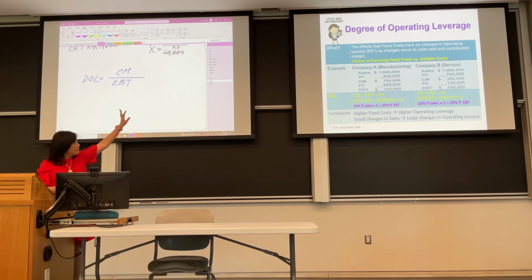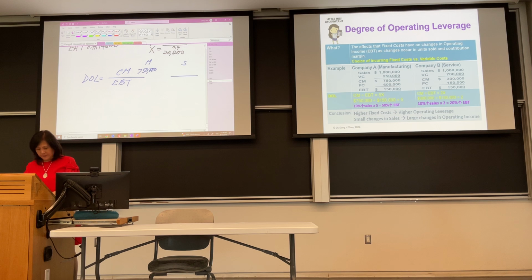Based on this example, contribution margin is $750,000 for manufacturing. For service, it is $300,000, much smaller. EBT is $150,000 and $150,000. Degree of operating leverage is 5 times for manufacturing. This one is 2 times.